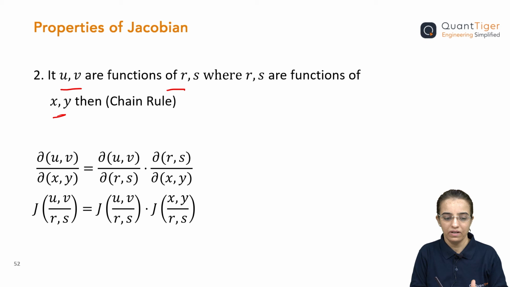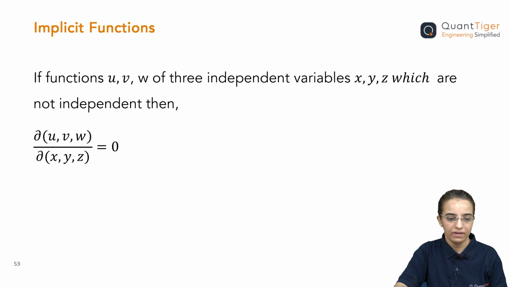To find the differentiation of u, v with respect to x, y, we differentiate u, v with respect to r, s, and r, s with respect to x, y, and in the same way we write their Jacobians as well.